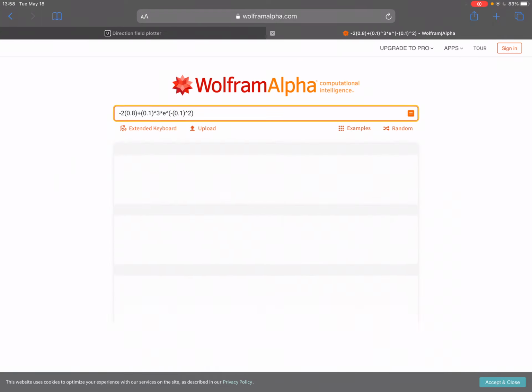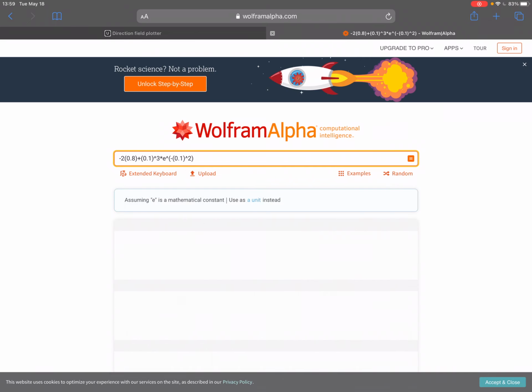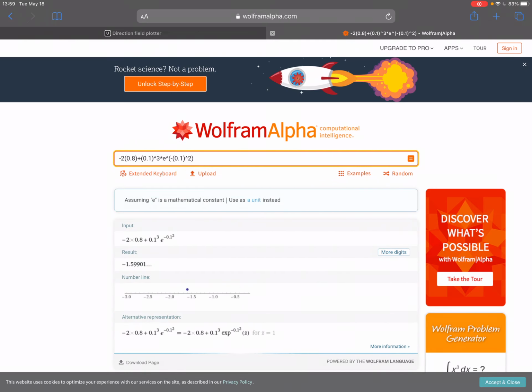Okay, I think it says it's minus 1.5. Let's see here. I press here to see that it understands what I'm asking. You see here the first line, input. Is this what I wanted? Because I'm writing down something, it has to interpret my writing. And this is exactly the thing that I want to calculate.